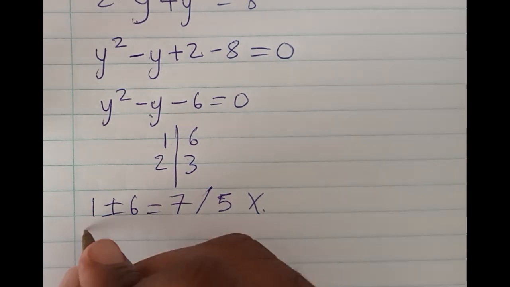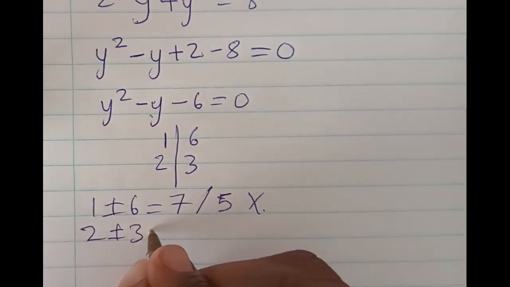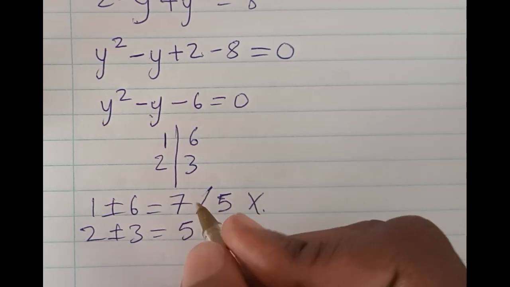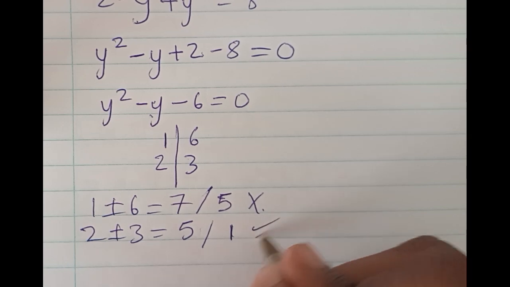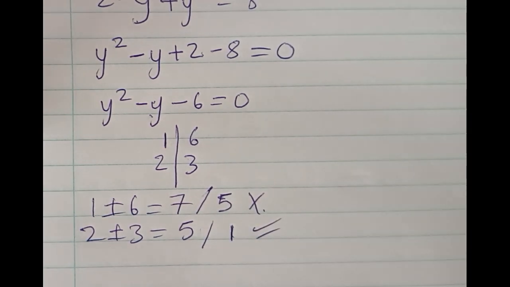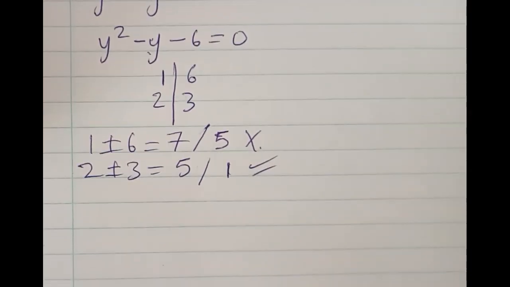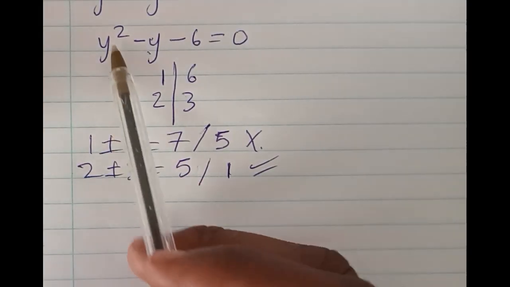Okay, so it will be 2 and 3. If I add them, I get 5. If I say 3 minus 2, I get 1. So this is what I'm looking for, because I'm looking for 1, but I don't know about signs. Remember, here I'm looking for the values. Okay, so we are moving. So remember, there is y square.